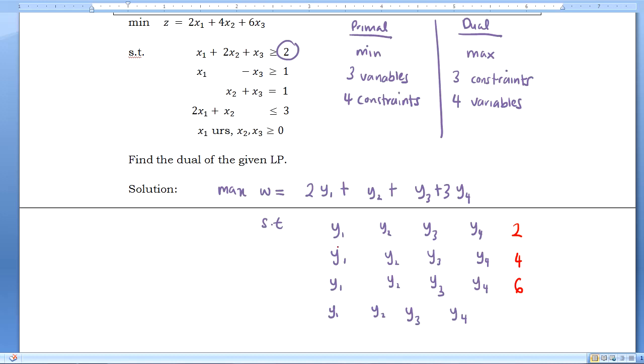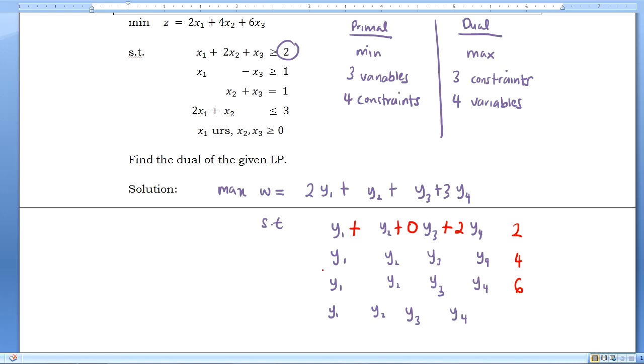And the coefficient of the first constraint in the dual is 1y1 plus 1y2 plus 0y3, because there is no x1 in the third constraint, plus 2y4.